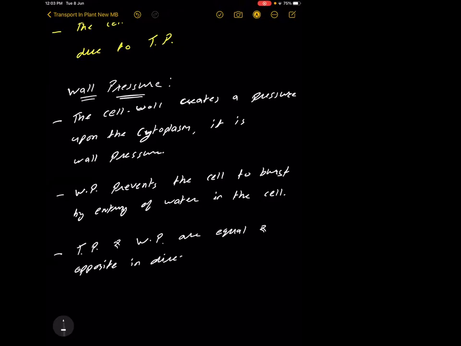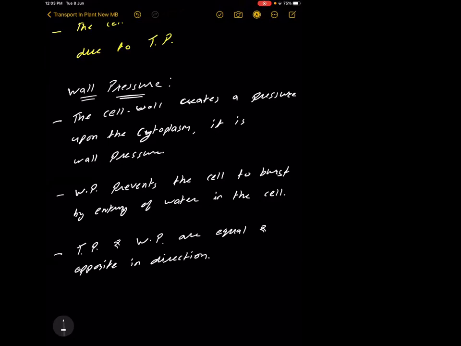The wall pressure is the same as turgor pressure, it is equal, but only the direction is different.